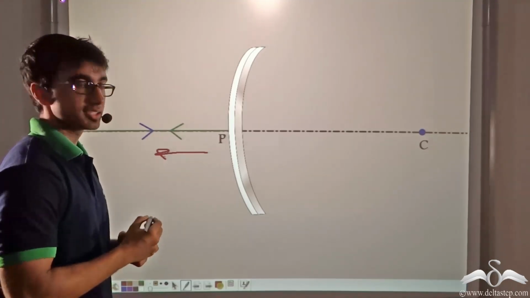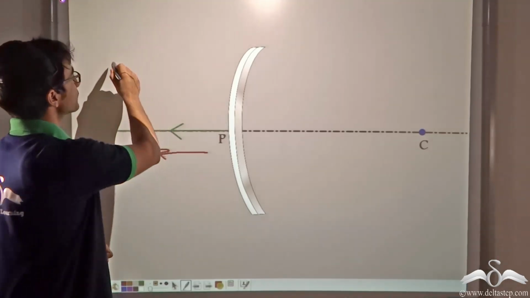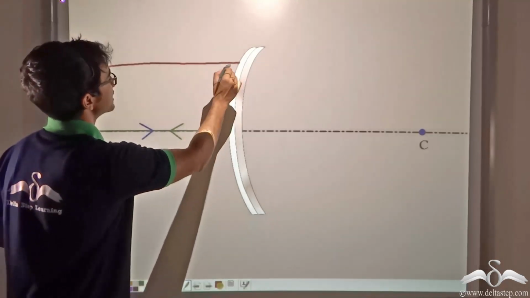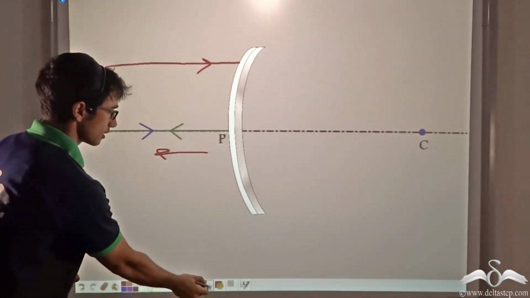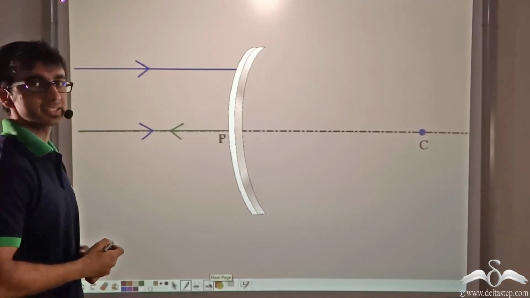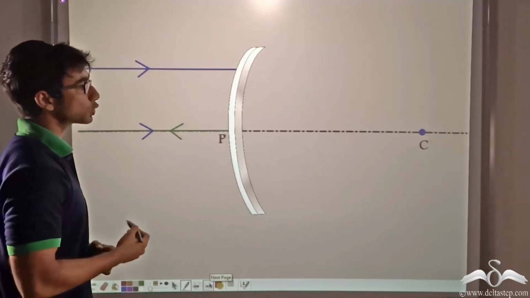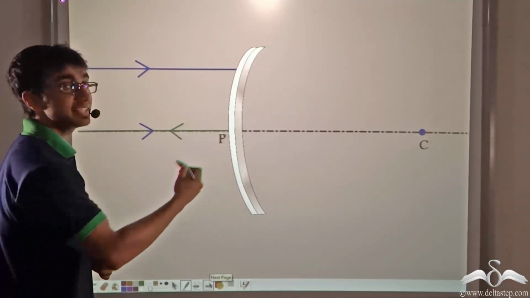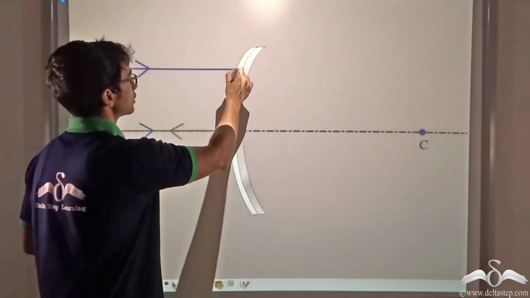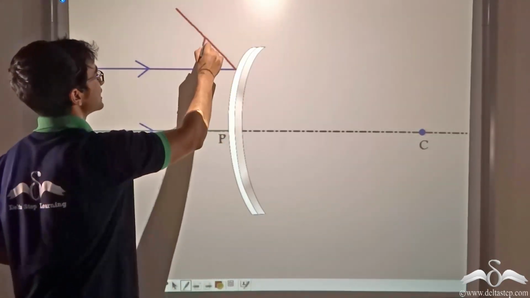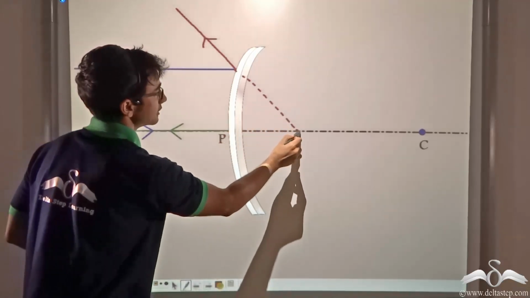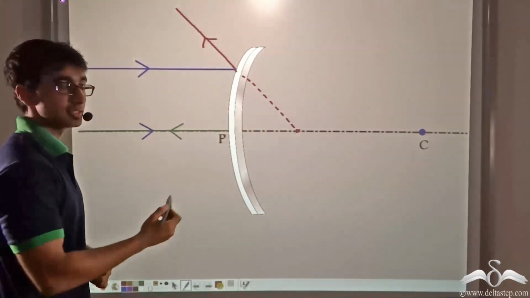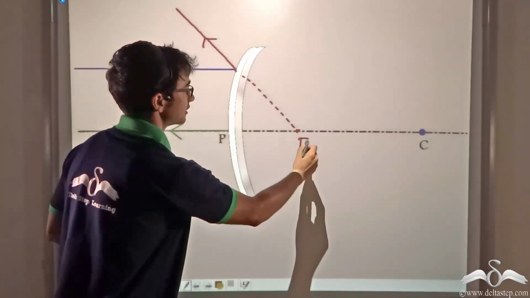Now we consider another ray. This ray is parallel to the principal axis. This ray, after getting reflected, will seem to come from a point that is behind the mirror. So once this ray is reflected, it will seem to come from a point that is behind the mirror. This point is the focus.